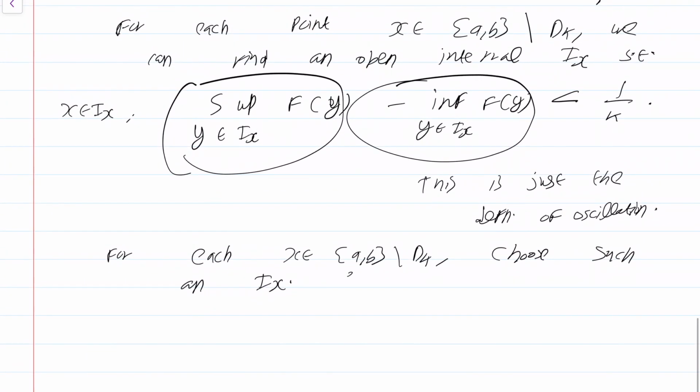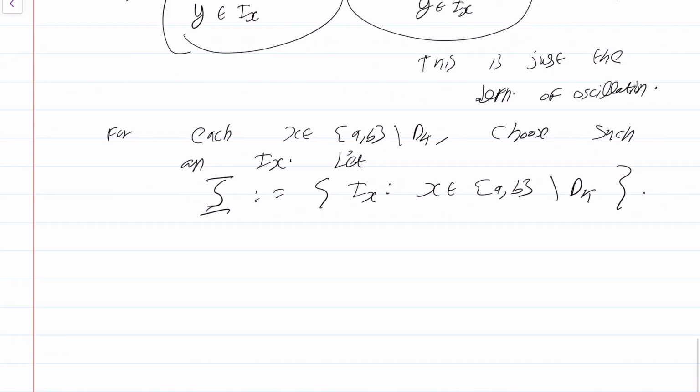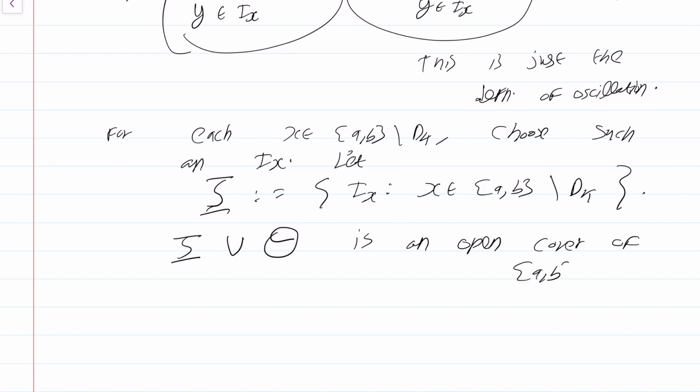Let me just call it some fancy I, by definition the collection of I_x such that x comes from [a,b] minus D_k. Okay, now here is the thing. This fancy I union this fancy O is an open cover of [a,b], right? That's because this fancy I covers all those points in the closed interval [a,b] that are not in D_k, and D_k is already covered by the intervals which are in O, right?